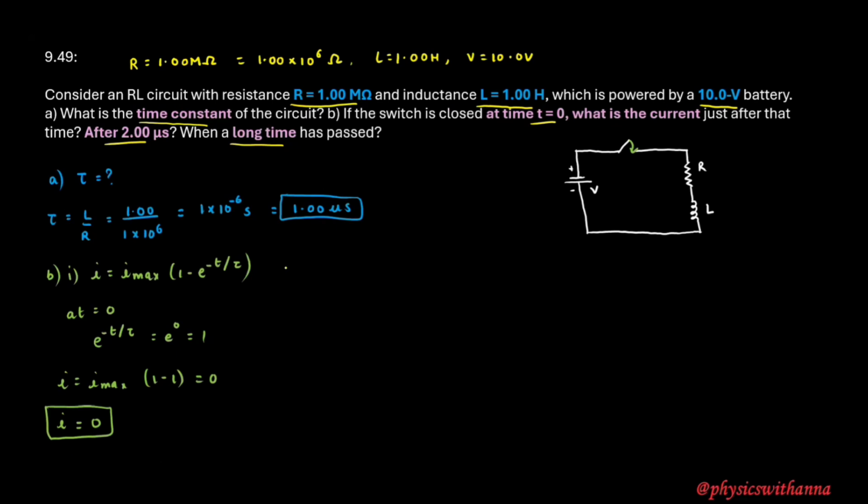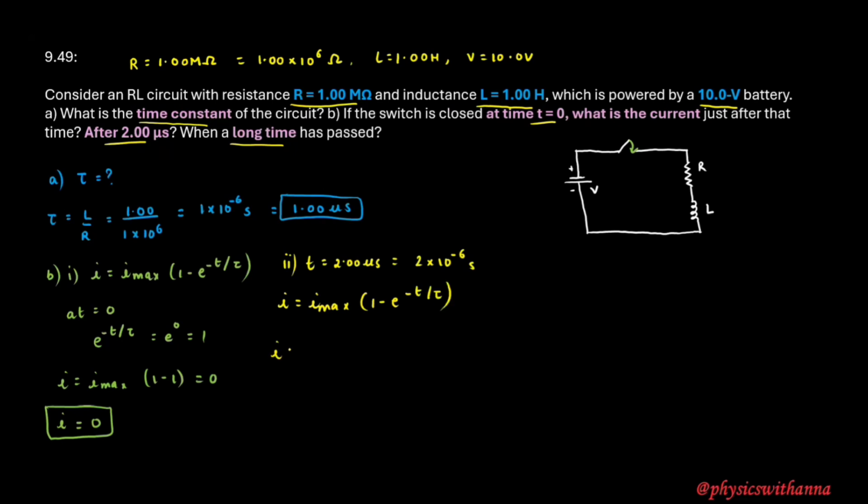So at time t equals 0, immediately when you close the switch, the current is also 0. Then in the second part of part B, they want you to find what is the current after 2 microseconds. So now my time t is 2 microseconds, which is 2 times 10 to the power negative 6 seconds. Now we use the same rule. I equals I max times 1 minus e to the power negative t by tau.